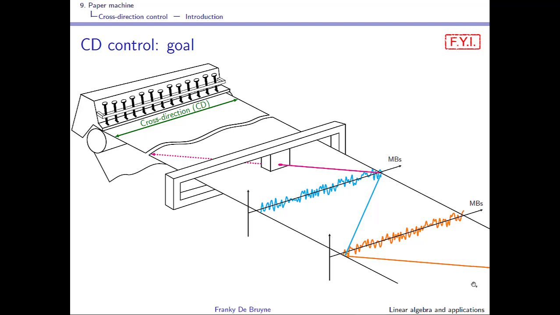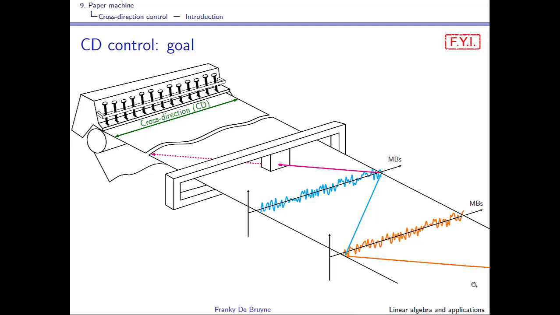If you have a good CD controller that is acting, you should end up with profiles that look like the ones that you see on the screen. You can see that the low frequency content has been removed and that you're left with the high frequency content.